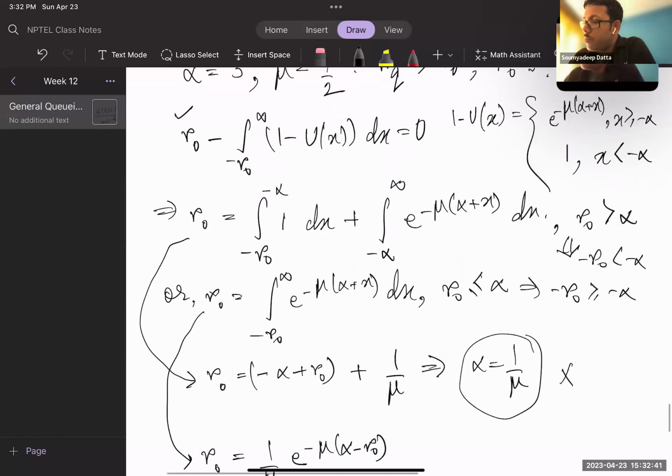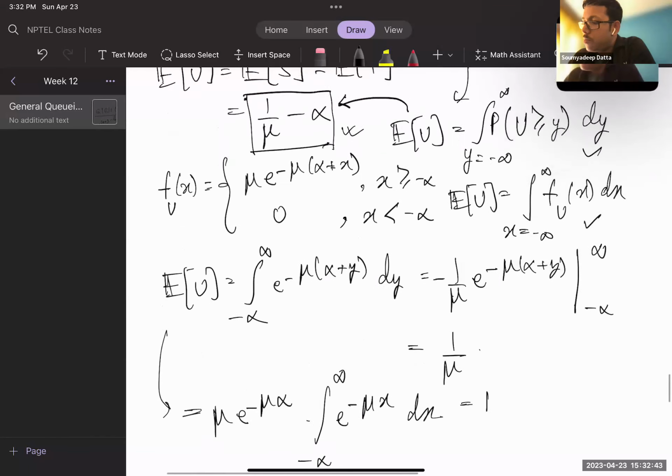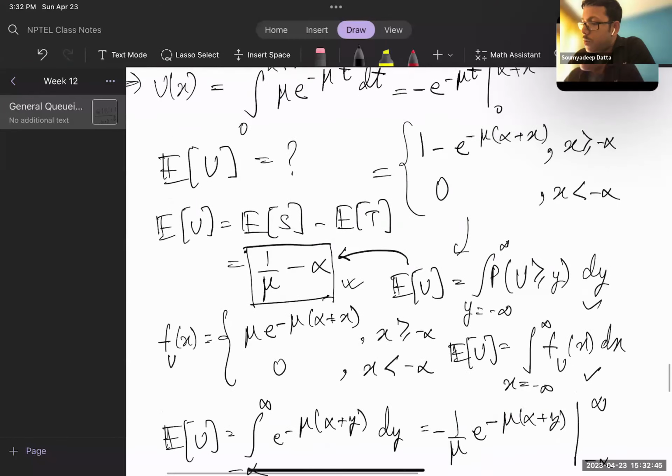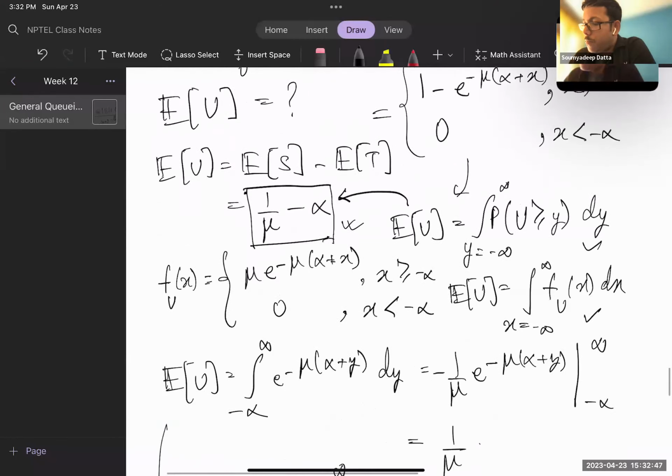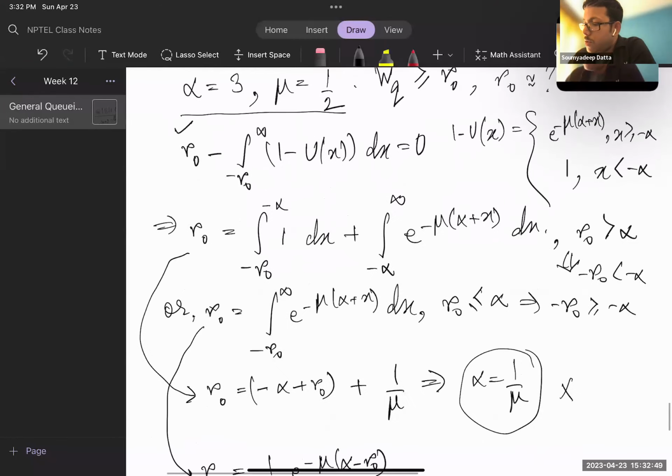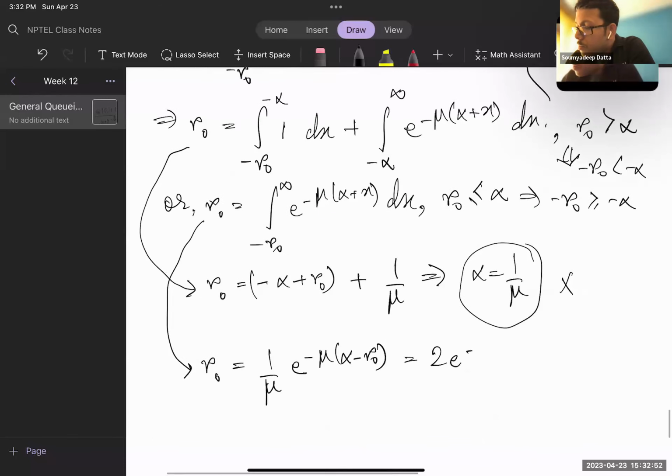We know the values of mu and alpha. What were the values that we have taken? Mu is half and alpha is 3, right? So then this will be 2 e to the power minus 3 by 2, plus 2 e to the power minus (3 minus r naught) by 2, right?